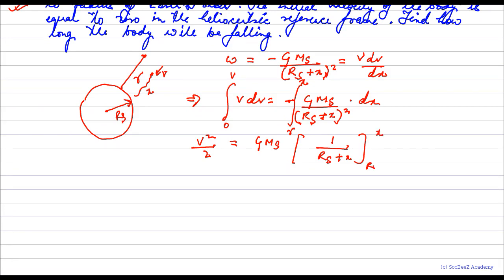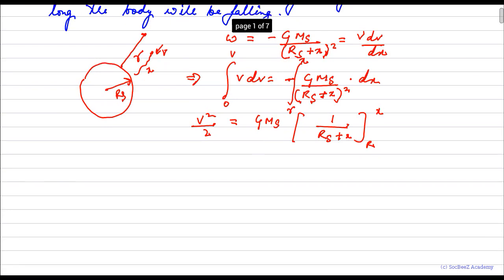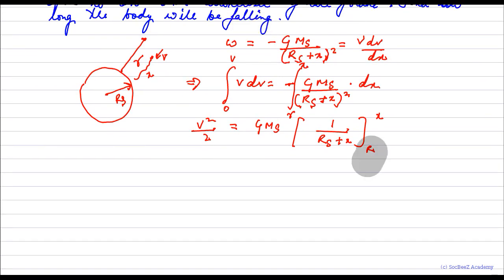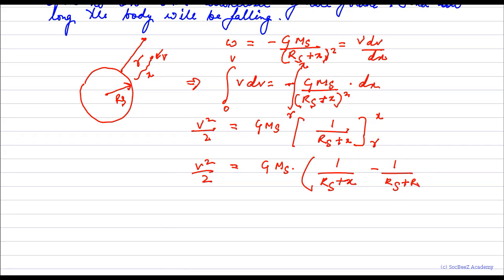Okay, sorry, this should be smaller. So this gives me v square by 2 as G Ms into 1 by (Rs plus x) minus 1 by (Rs plus r).